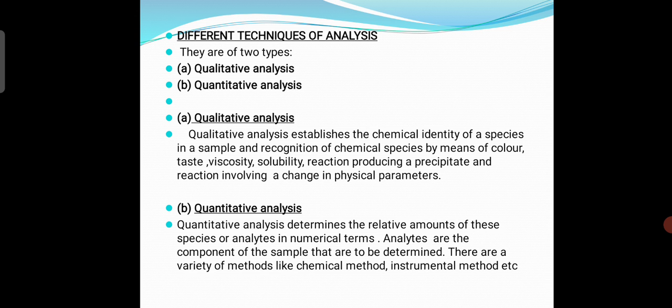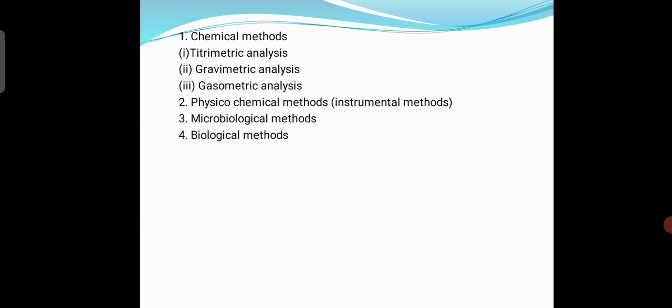That means, for example, we are doing it by different methods like chemical method, instrumental method. For example, we are doing a titration. So after doing titration, we'll get some values. So using that, we are calculating about the sample.